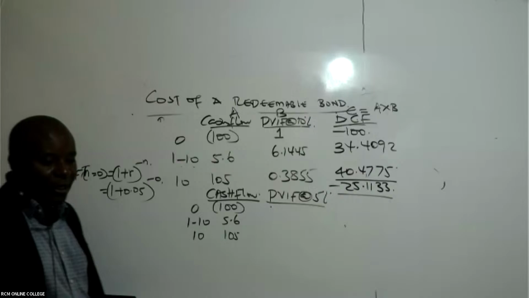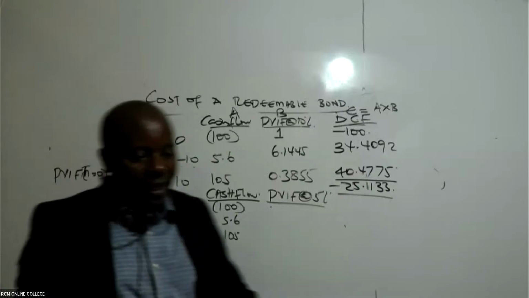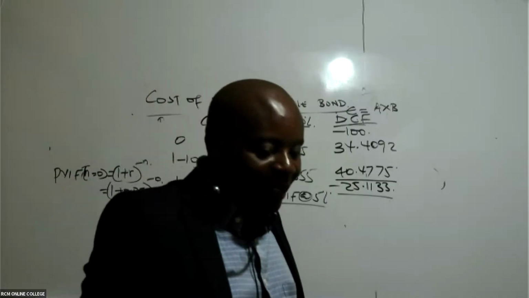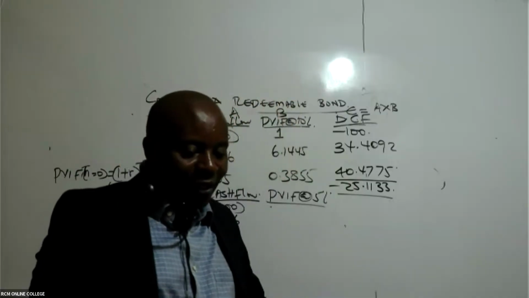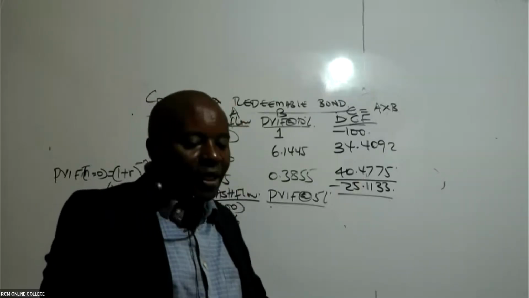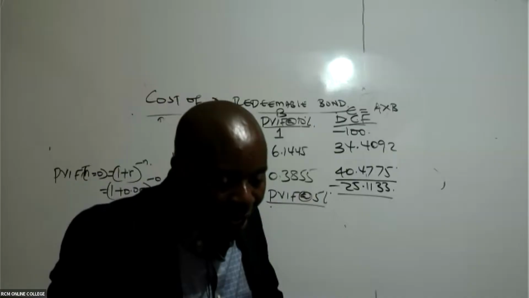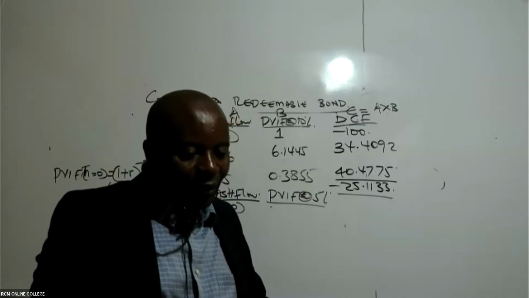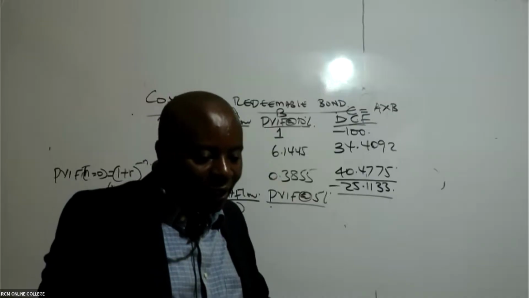Is there somebody who can give me this figure? Of course, anything raised to 0 will always be equal to 1, isn't it? So are they able to get that 1, ladies and gentlemen?